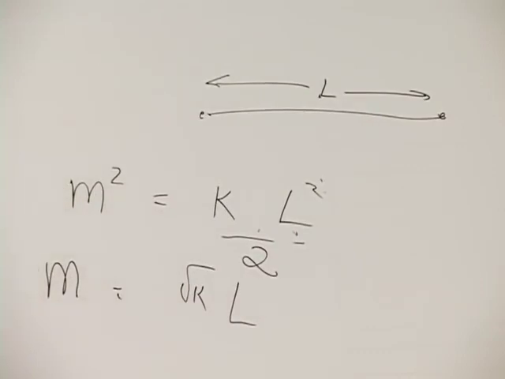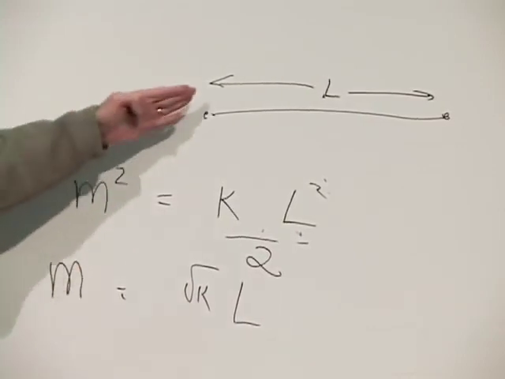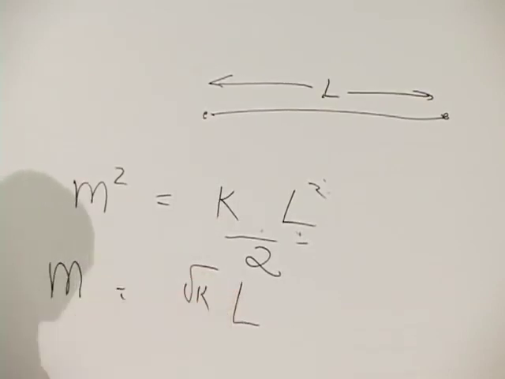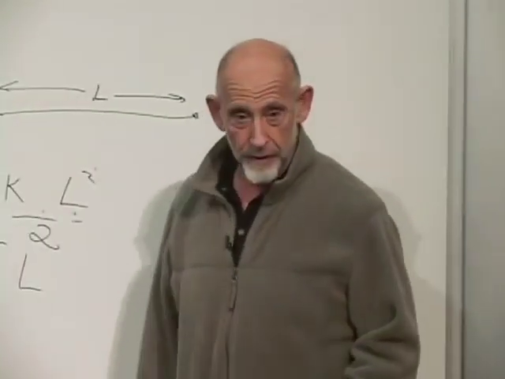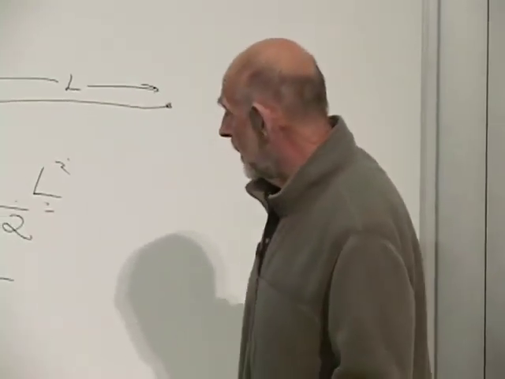I'm not interested in square roots of 2 now. So the mass of a stretched string is proportional to its length times some parameter, which I've called the square root of K. The square root of K has another name. It's called the tension. It's the tension in the string, the energy per unit length.